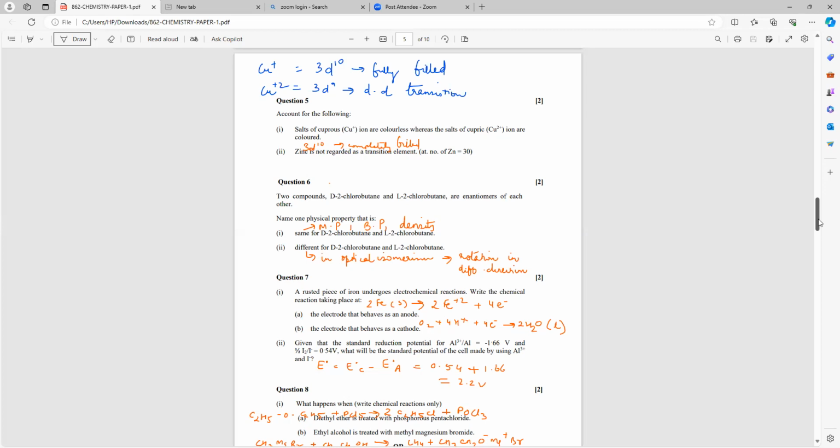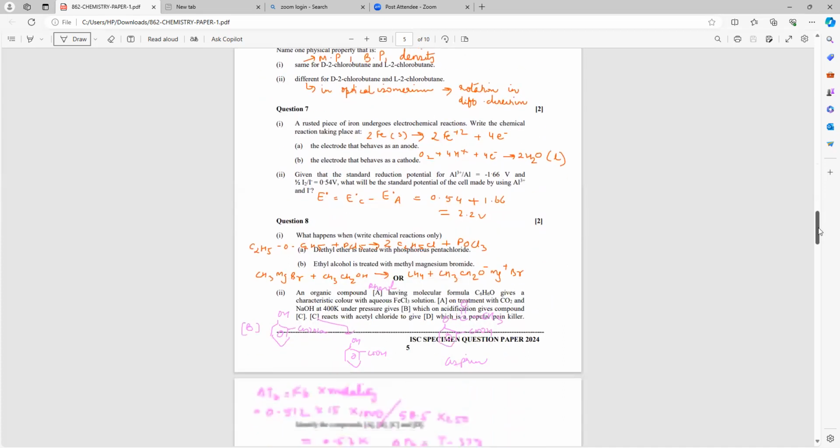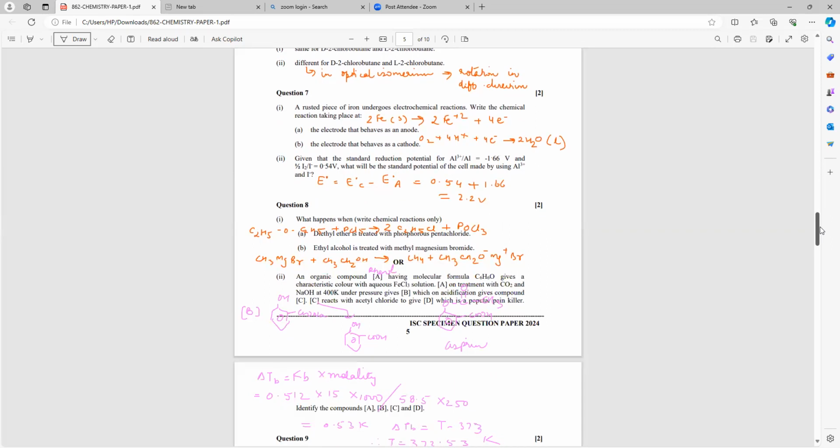So we will simply use the formula E cathode minus E anode. So it will be 0.54 minus becomes plus, so it is 0.54 plus 1.66. When you add, you will get the answer as 2.2 volts. In your numericals, formula is important, substitution is important, and the final answer with the unit is important to be written because it is step marking.